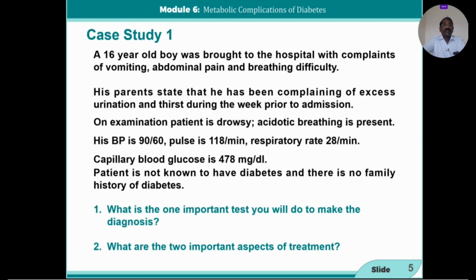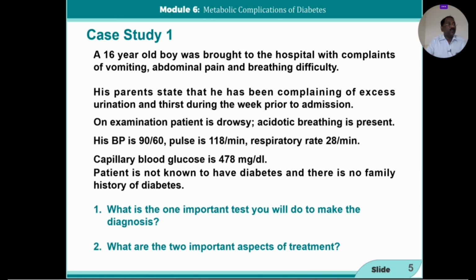So there is an index case. A 16-year-old boy, like our Satish, was brought to the hospital with complaints of vomiting, abdominal pain, and breathing difficulty. His parents state that he has been complaining of excess urination and thirst during the week prior to the admission.